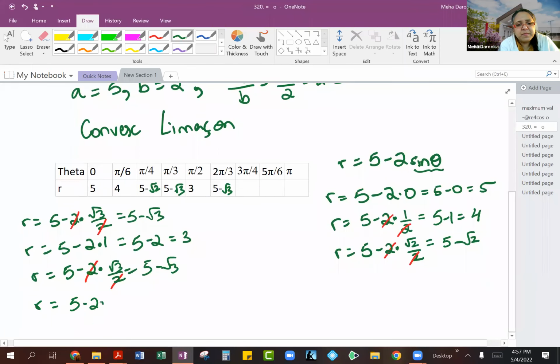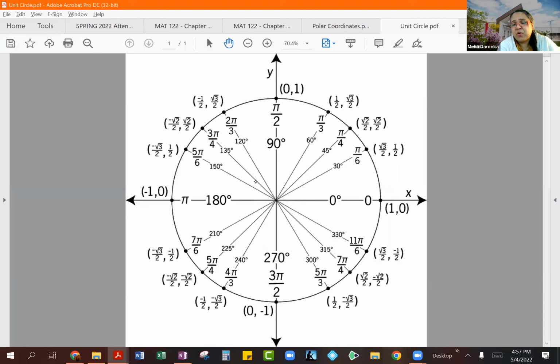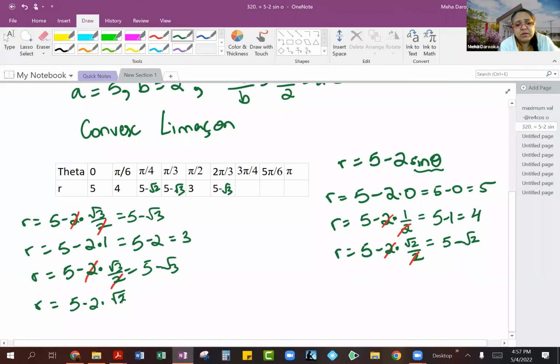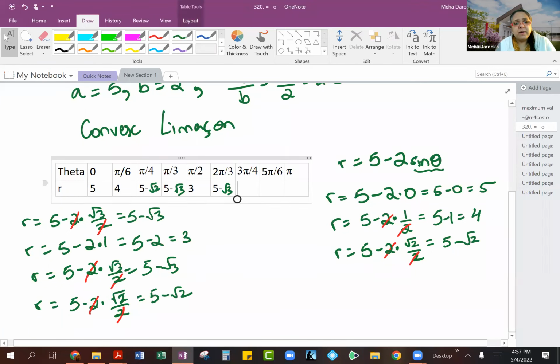Now, our next angle is 3 pi over 4. Same thing's going to happen here because 3 pi over 4 also gives you a sine value of square root of 2 over 2. So again, you're going to get the same answer, 5 minus square root of 2, as we did for pi over 4. So 5 minus square root of 2 over here.